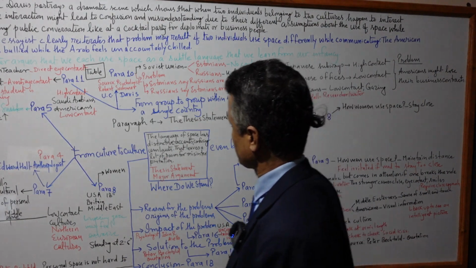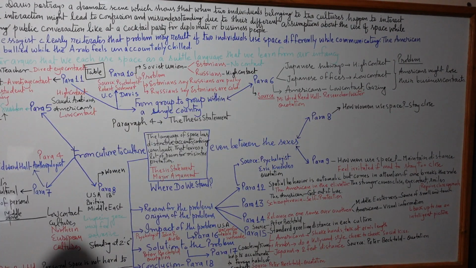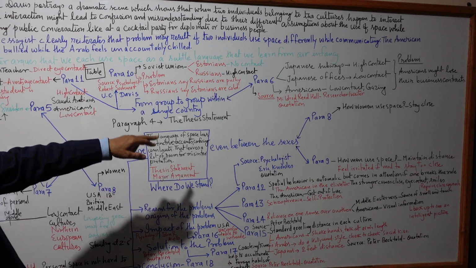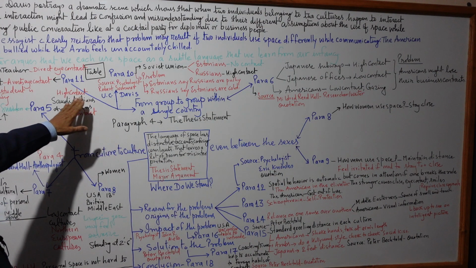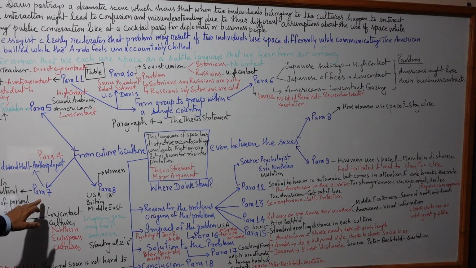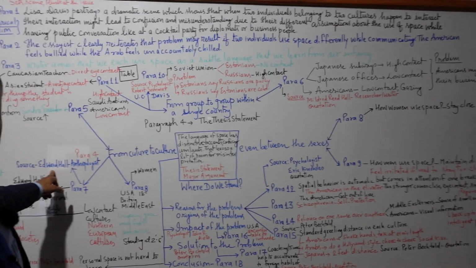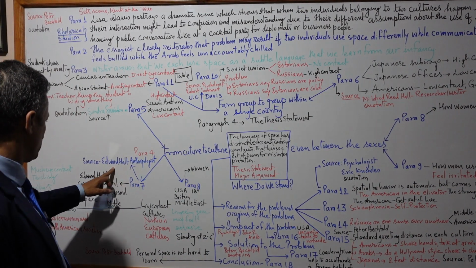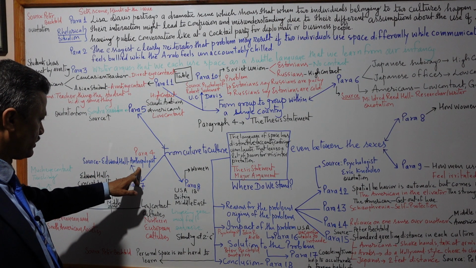Then in paragraph 7, let's check where we have 7. In paragraph 7 also, Lisa Davis quotes from Edward Hall, an anthropologist.